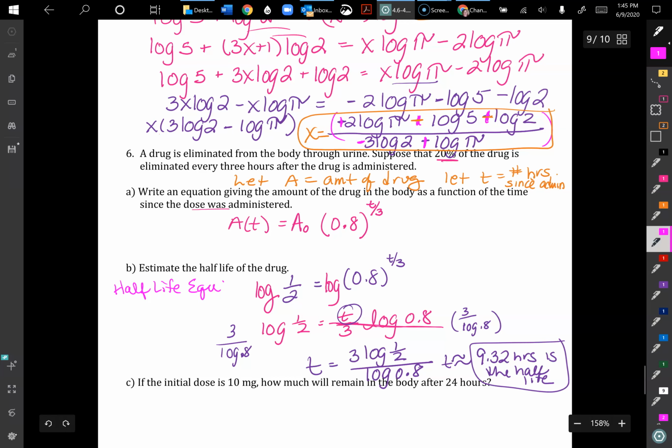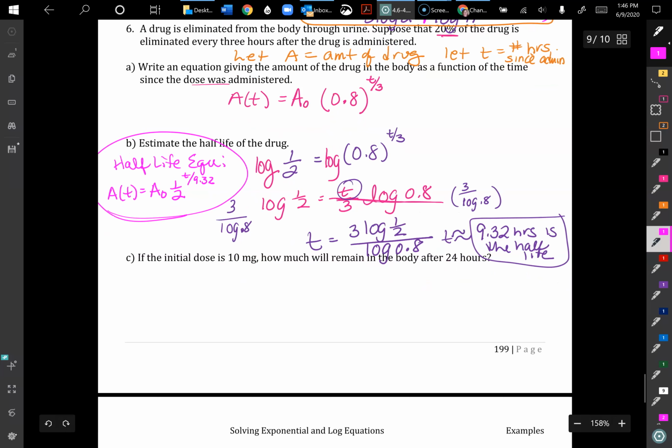We have a new format we could use, and it would be A of T equals A of 0 with a base of a half to T over 9.32. So if we raise that up to T over 9.32, that gives us that equation.